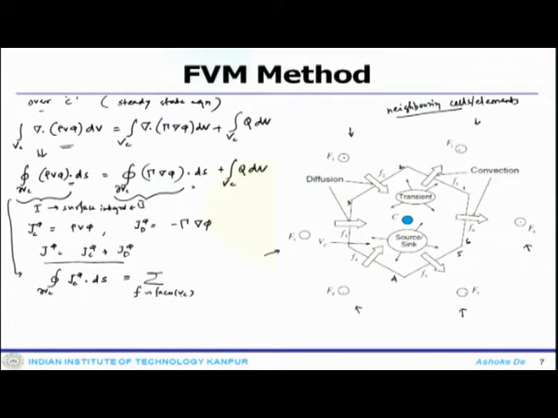That means here it will go from 1, 2, 3, 4, 5, 6, of the integration of rho v phi dot ds.